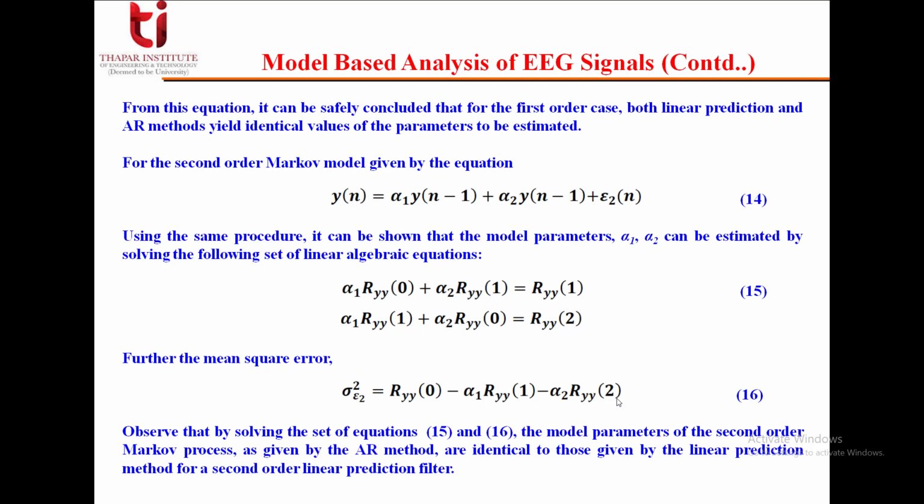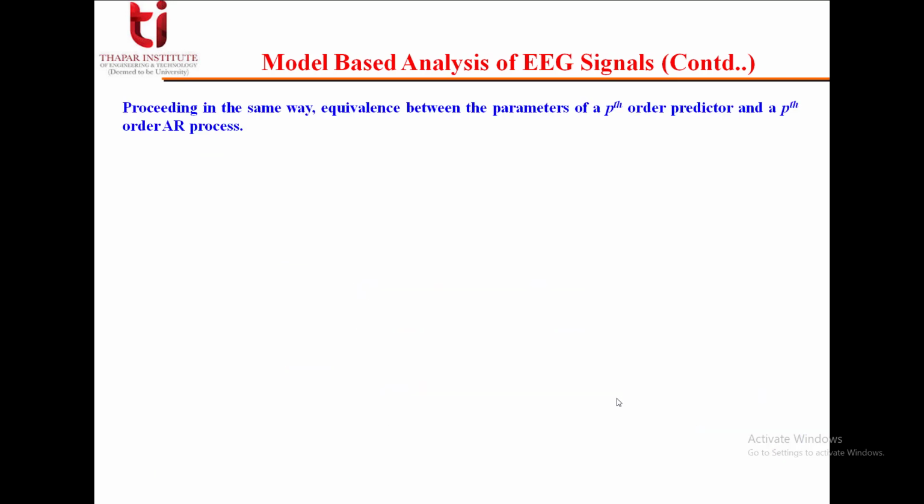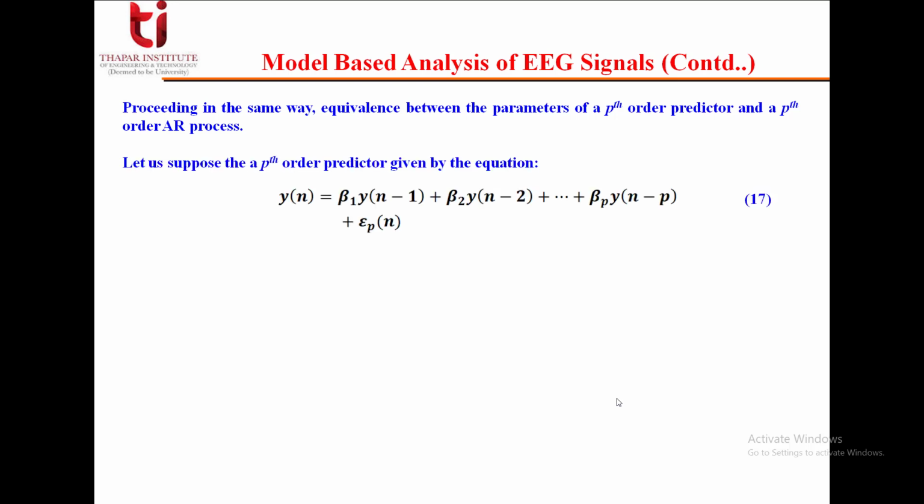So we can observe that by solving the set of equations number 15 and 16, the model parameters of the second order Markov process as given by the AR method are identical to those we have seen in the linear prediction method for a second order linear prediction filter. Proceeding in the same way, we can find the parameters for a pth order predictor, or a pth order AR process.